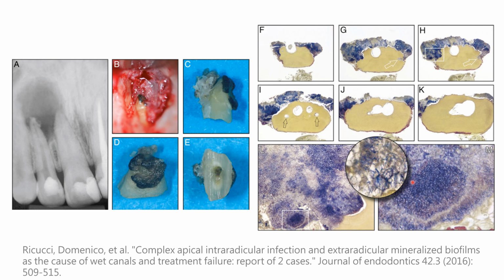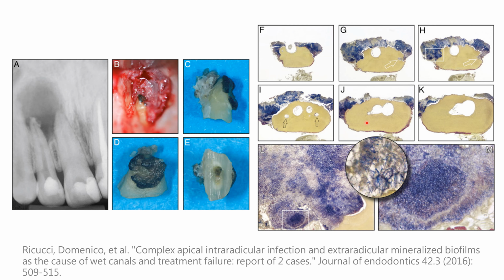And in some cases, the bacteria will colonize, and it might go through the apical foramen and go to the tooth root surface. So in this case, if we only do the root canal treatment, the patient's symptoms will not decrease.